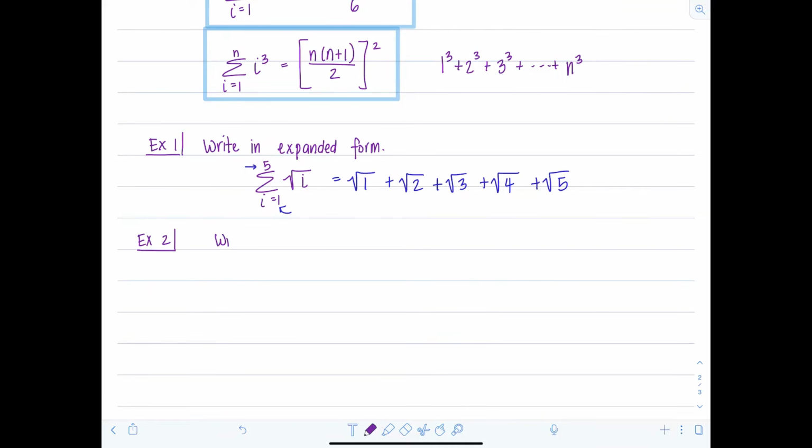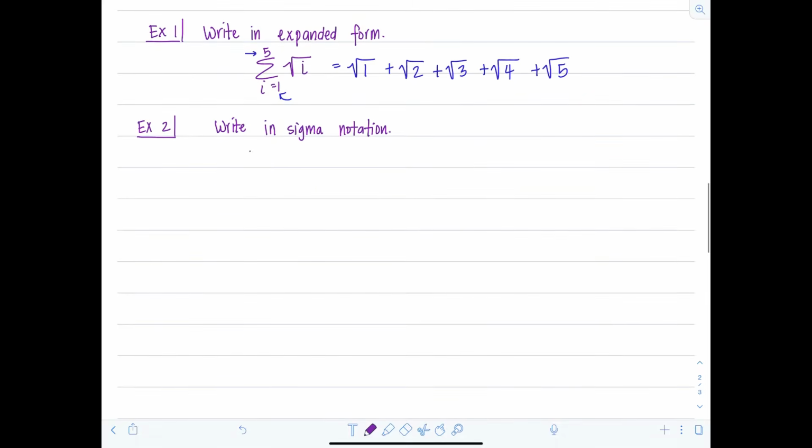Write in sigma notation. So go the other way. And this time we're given the sum: 1 plus 2 plus 4 plus 8 plus 16 plus 32. And it stops there.